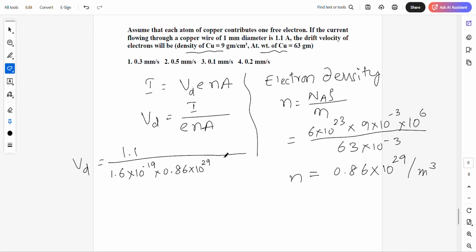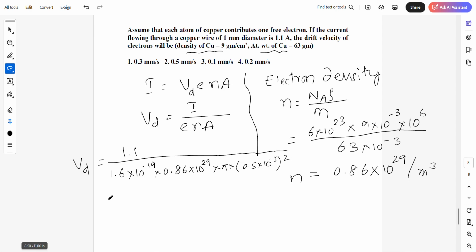and then the area, pi r square. Pi into the radius. They have given the diameter, so you have to divide it by 2, that is 0.5 into 10 to the power of minus 3, the whole square.